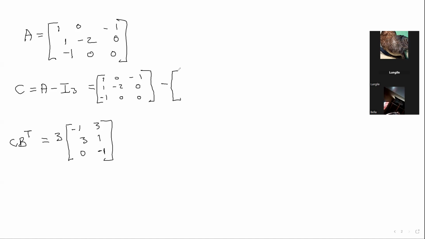Minus 1, 0, 0, 0, 1, 0, 0, 0, 1. 1 minus 1 is 0. 0 minus 0, then minus 1 minus 0. 1 minus 0 is 1, minus 2 minus 1 is minus 3, 0 minus 0, minus 1 minus 0, 0 minus 0, 0 minus 1, right?